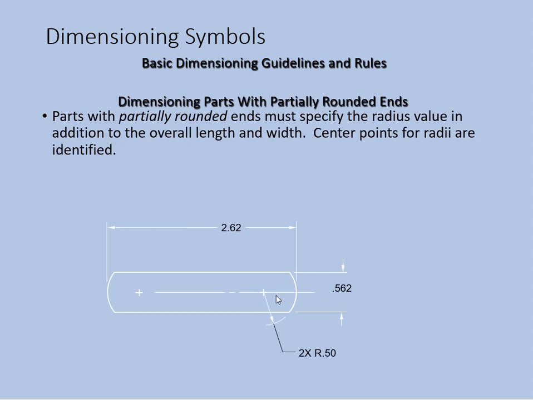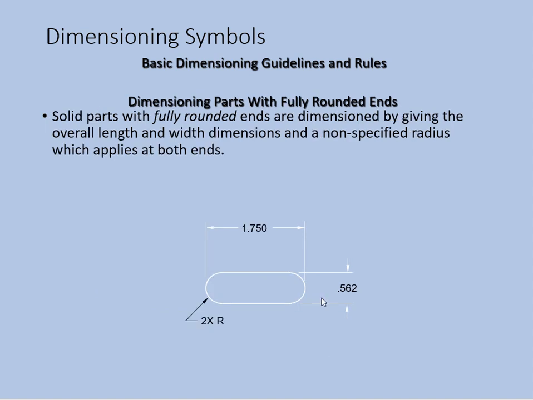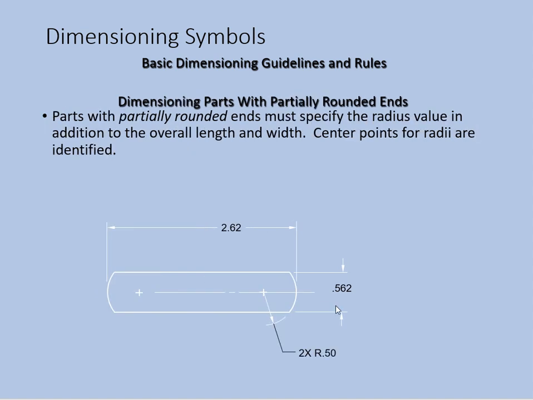Here is a part partially rounded. See, it's not fully rounded like this. This is perfect. Second one is partially rounded, and we're going to dimension like this. So center points for radii are identified like that, and 0.50 radius, and then the width, and then the length. Overall method.